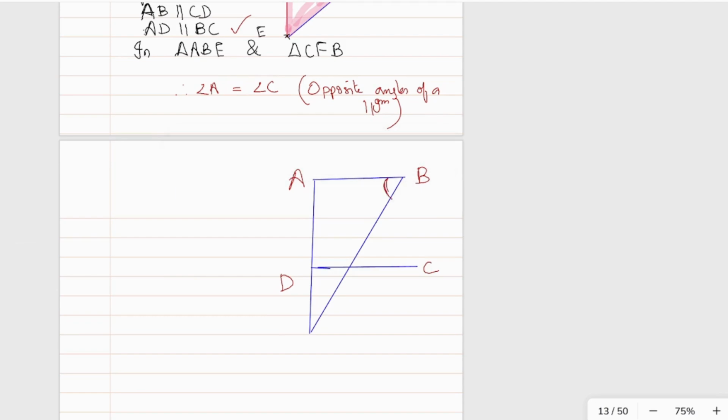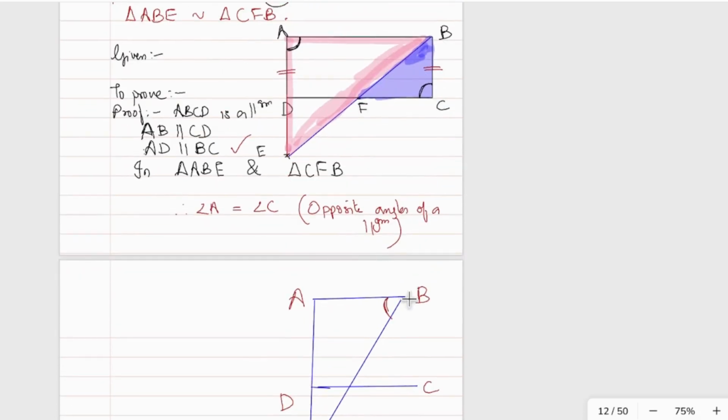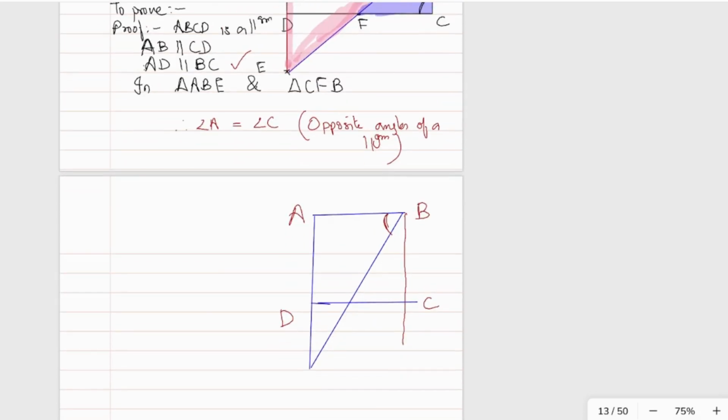So, one more thing we can write. This angle will be equal to which angle? No, this angle, not that angle. Here we are getting this angle, right? If you are observing here, this angle will be equal to this angle. Why? Because these are two parallel lines and we can consider BE as a transversal.